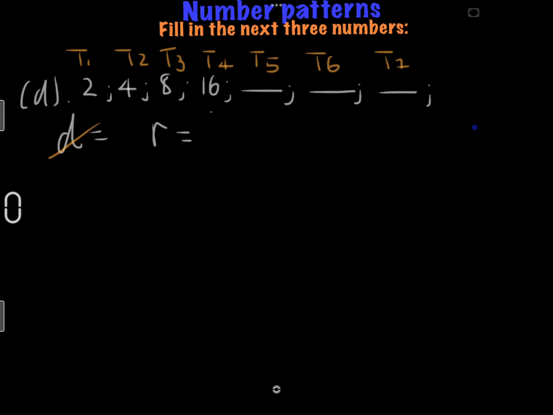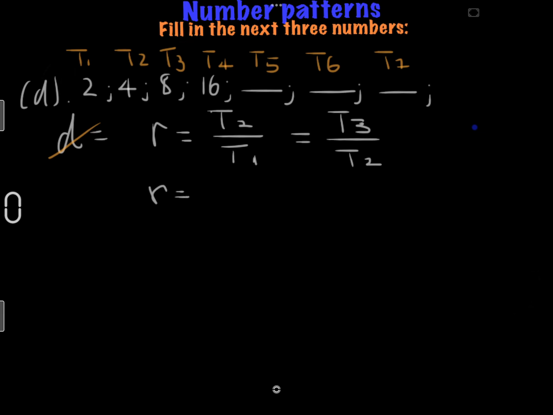To find the ratio, we simply say term 2 divided by term 1, and to verify our conception, term 3 divided by term 2.